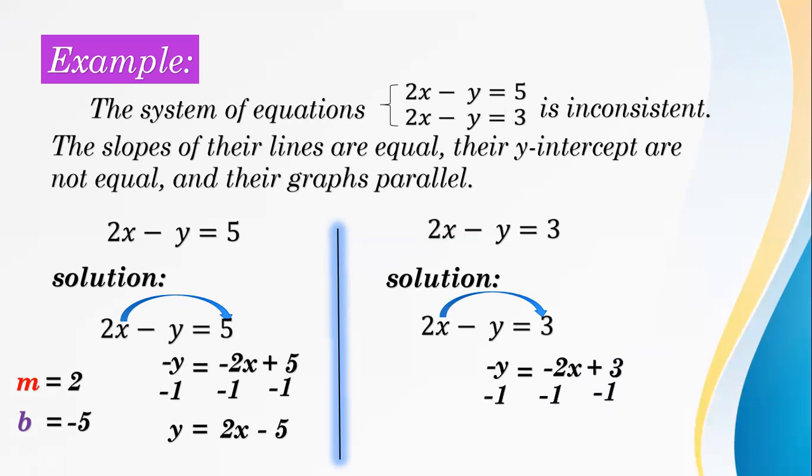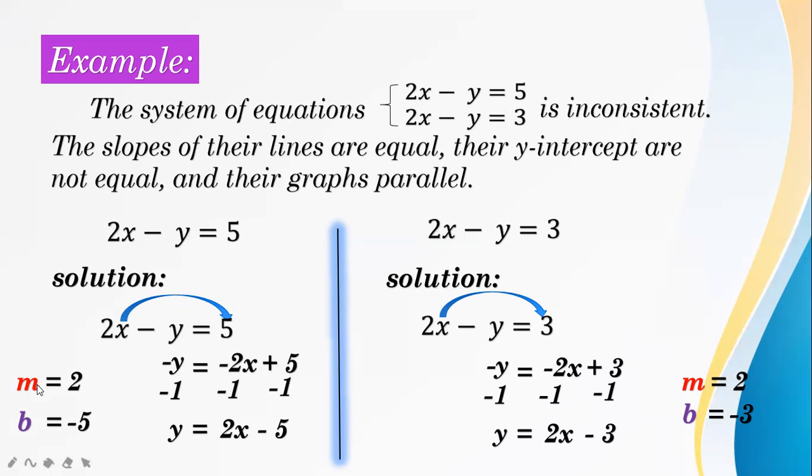Then divide both sides of the equation by negative 1 to eliminate this negative sign. So therefore, we have y equals positive 2x minus 3, because positive divided by negative, the answer is negative 3. So we have the slope equal to 2 and your y-intercept equal to negative 3.